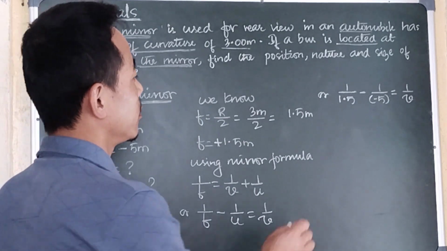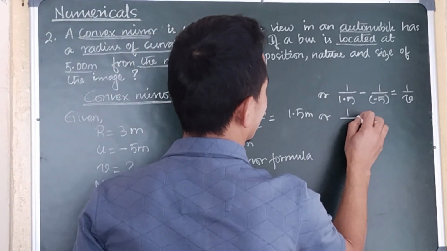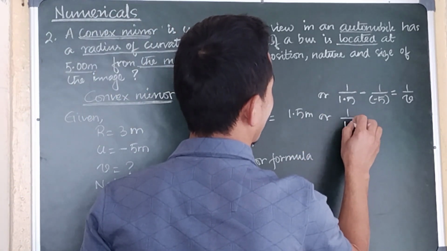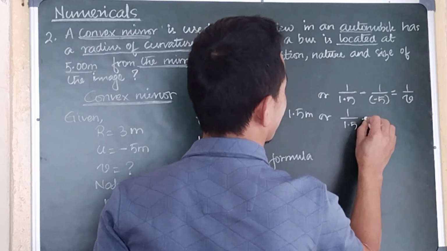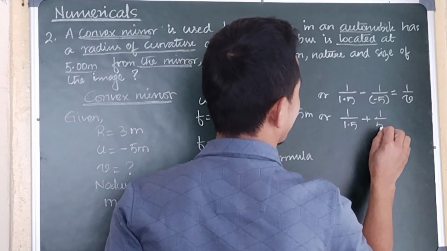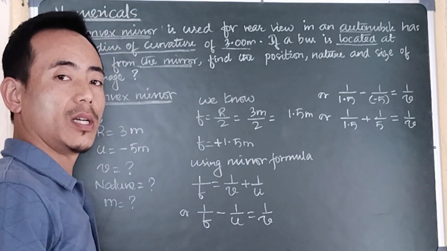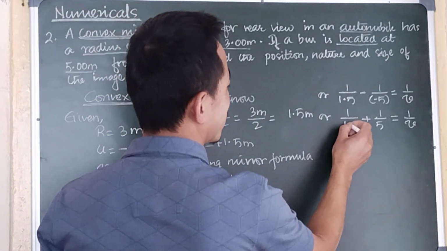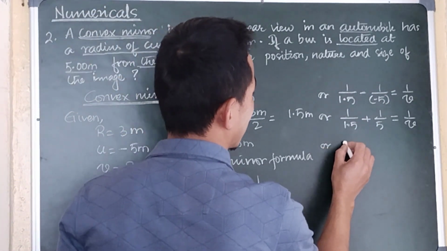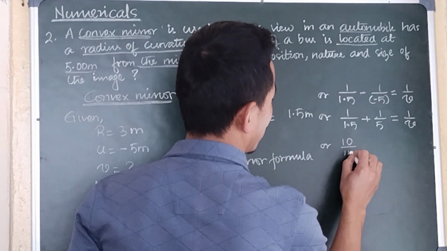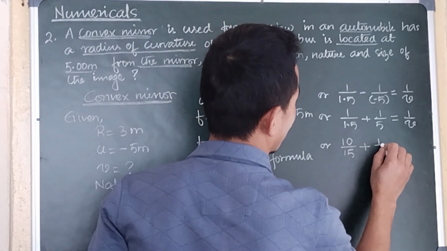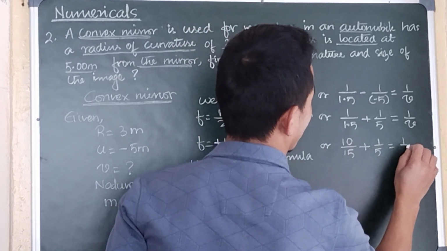So after this, let's arrange this equation further. So this becomes 1 by 1.5. This minus into minus becomes plus. So 1 divided by 5 equals to 1 divided by V. So if you have problem solving with the decimal, you can write this as 10 divided by 15 plus 1 by 5 equals to 1 by V.